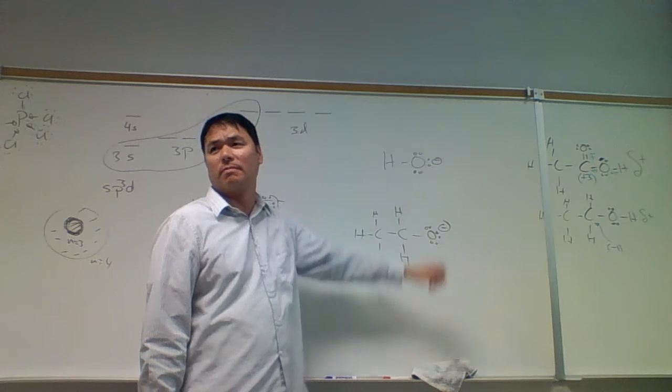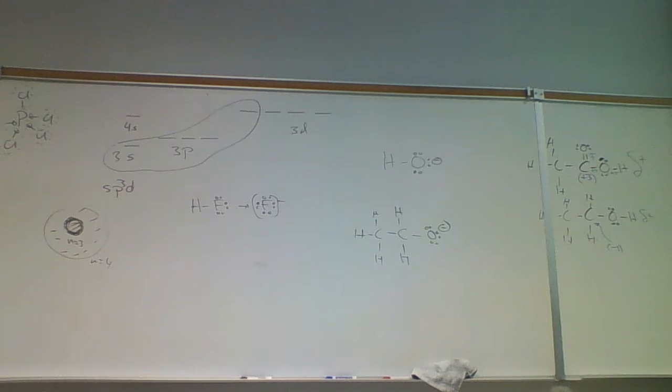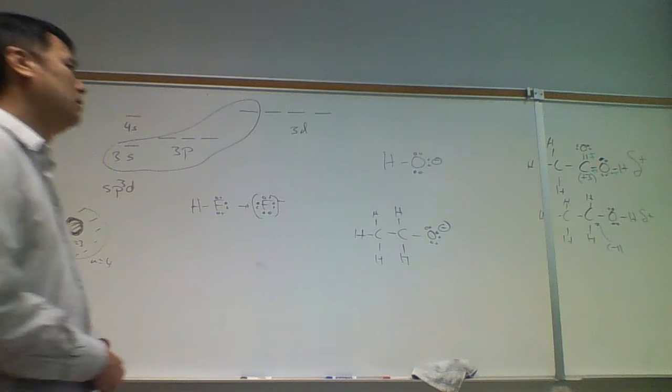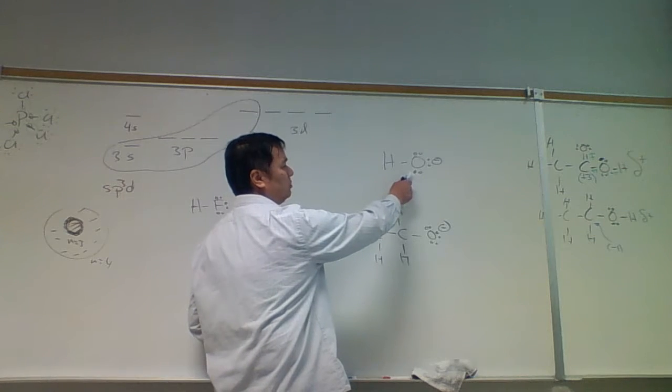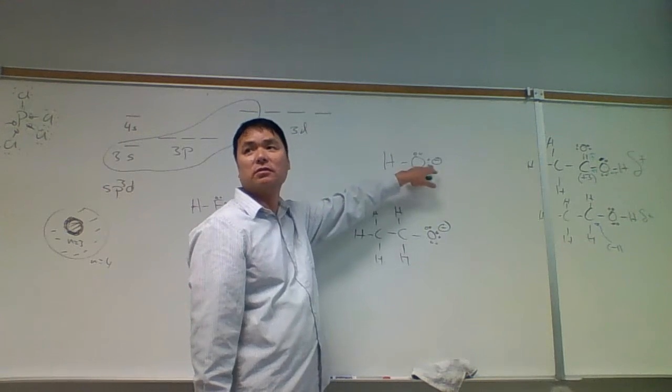All right. Well, if you do based on that, okay. Well, we just compare. Hydrogen is +1. What is oxygen? Oxygen is going to be -2, correct? But that's oxidation state. This is formal charge.